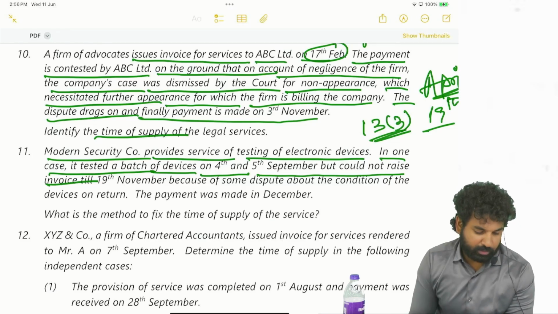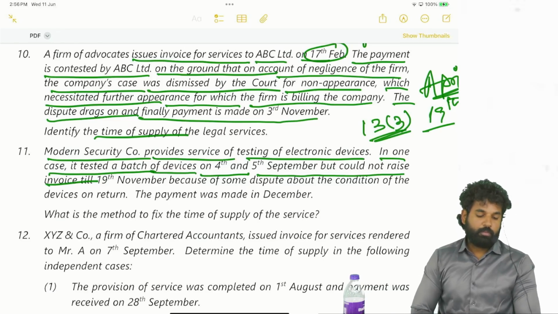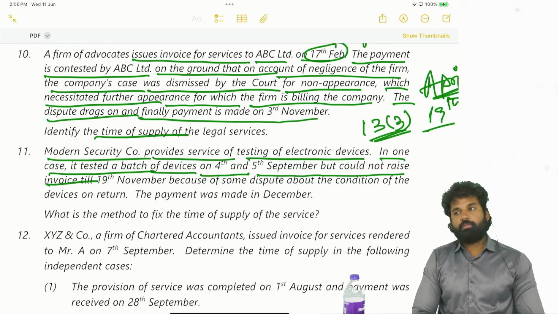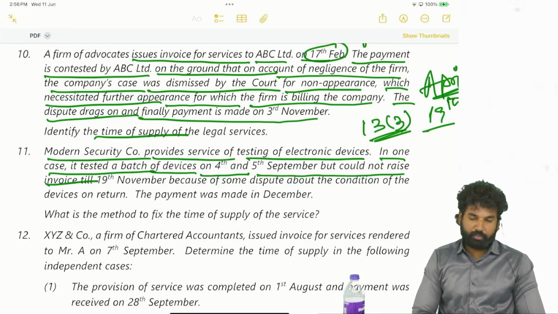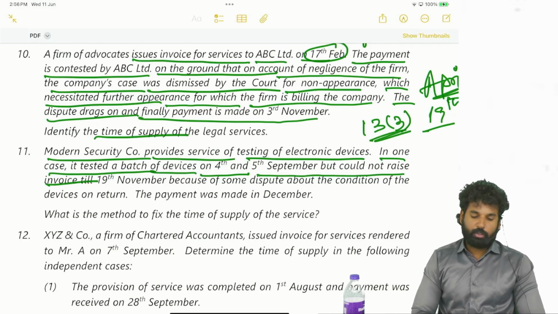What is the method to fix the time of supply of service? Service of which section? 13. Reverse charge, forward charge. 12(2) will come. Okay.